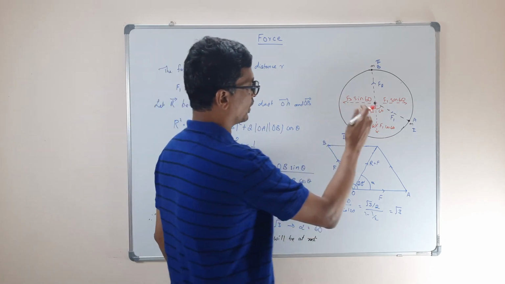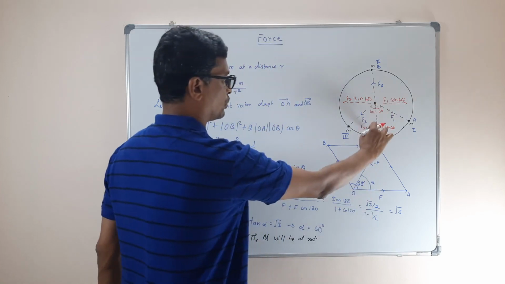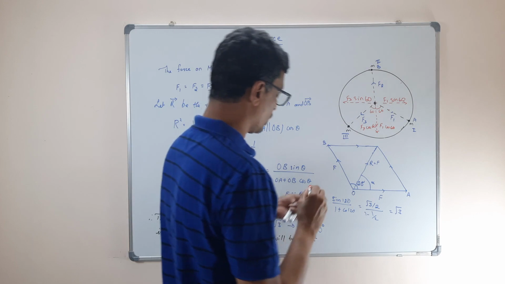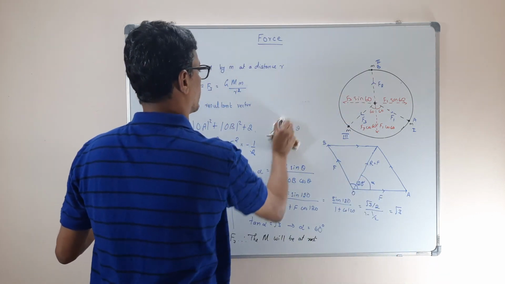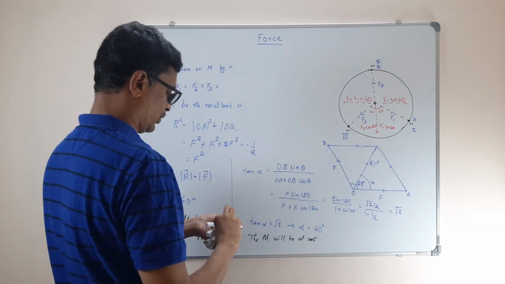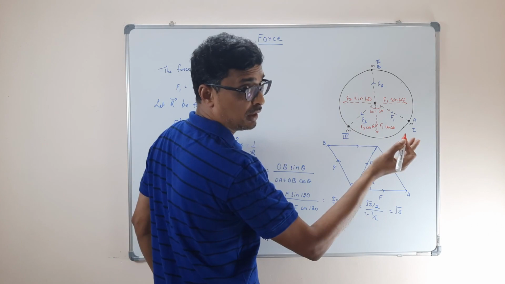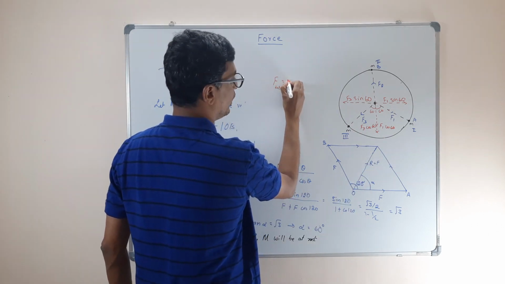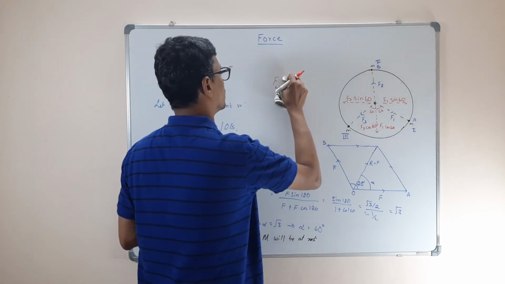Now let us take this one. F3 cos 60 plus F1 cos 60. So this is the total force, right? So what will it be? Tell me. So the total force will be... Okay. F3 and F1 are equal, so the resultant total force F total will be 2F cos 60.